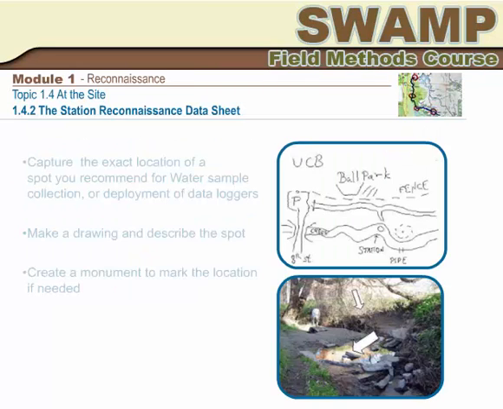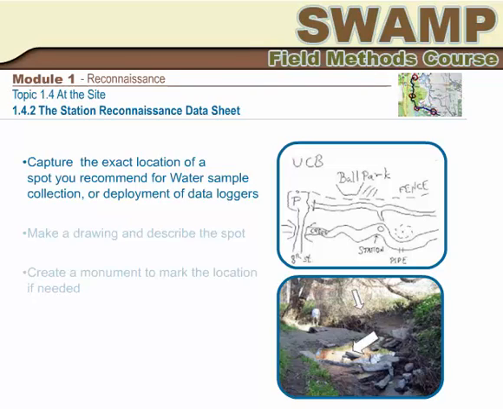Another important function of the datasheet is to capture the exact location of a spot you recommend for a specific field activity. For example, water sample collection or deployment of data loggers. Again, this information can only be gathered while you are in the field, and it needs to be shared in detail with others.